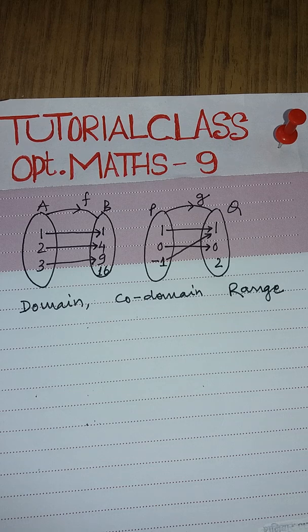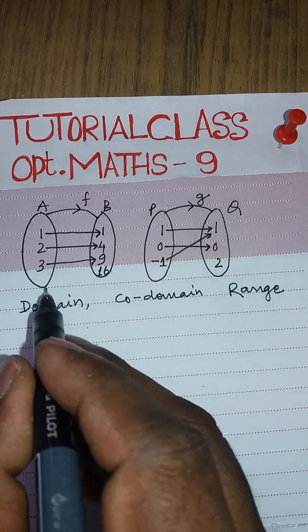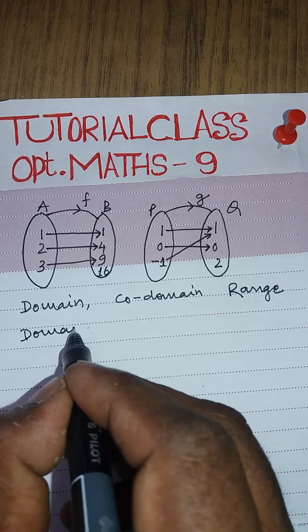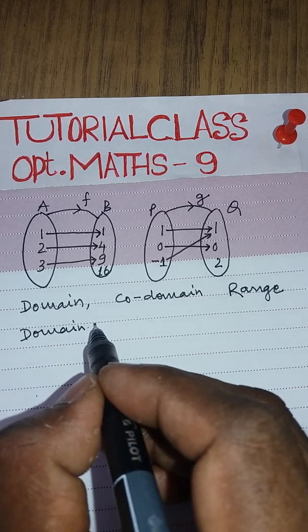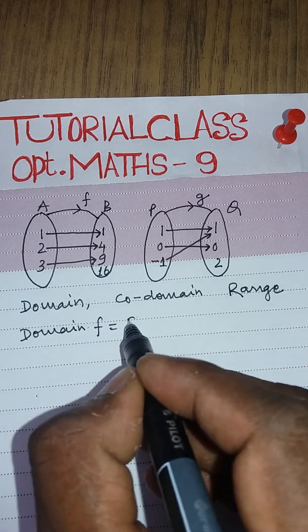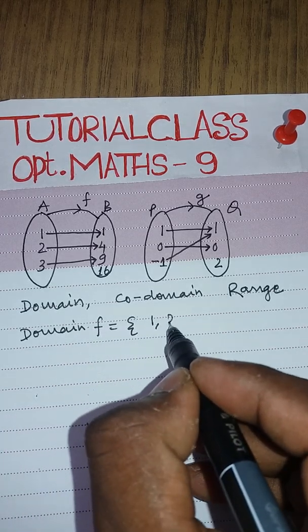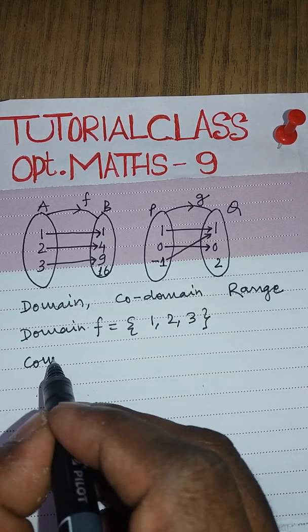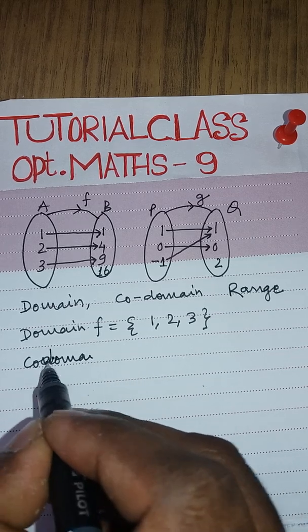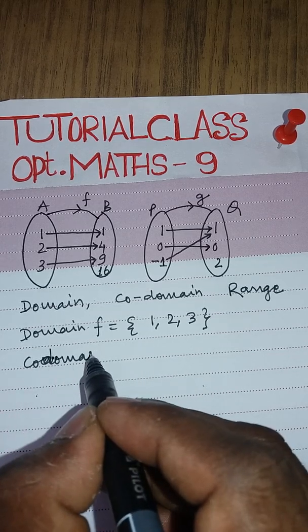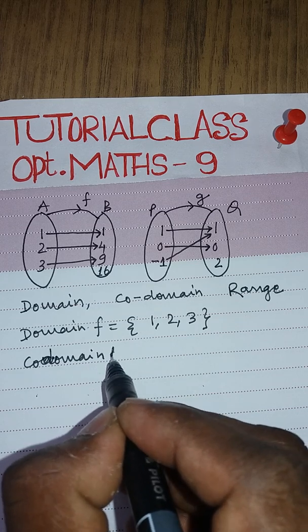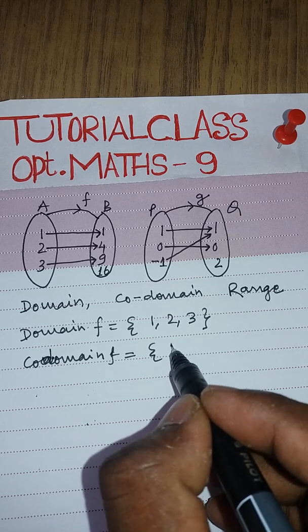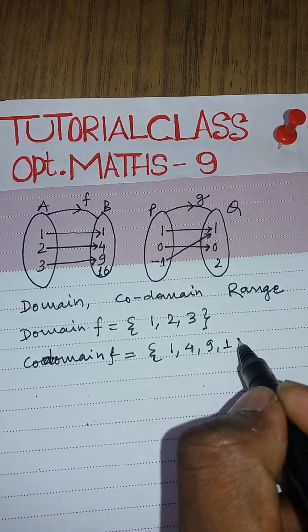If we write the domain of f, then domain of f equals 1, 2, 3, and similarly codomain of f, then we write here 1, 4, 9, 16.